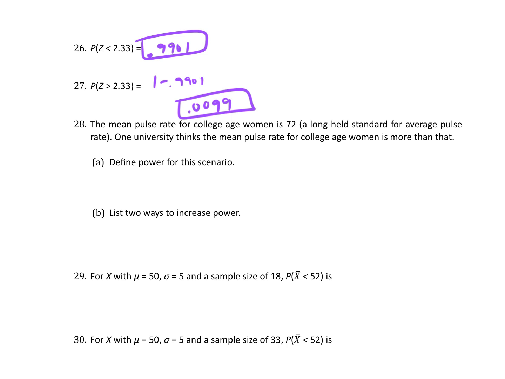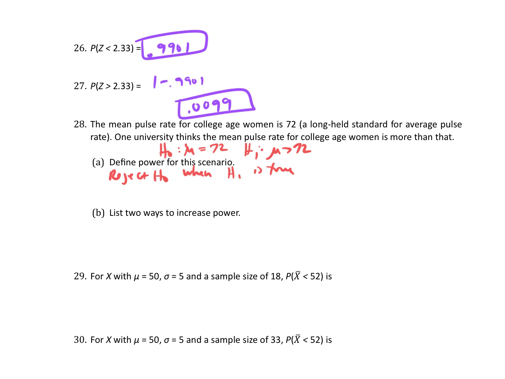All right. The mean pulse rate for college-age women is 72. One university thinks the mean pulse rate for college-age women is more than that. So H1 is mu is greater than 72, and H naught is either equal to or less than or equal to. So what is power? You got to know that box. Power is rejecting H naught when H1 is true.